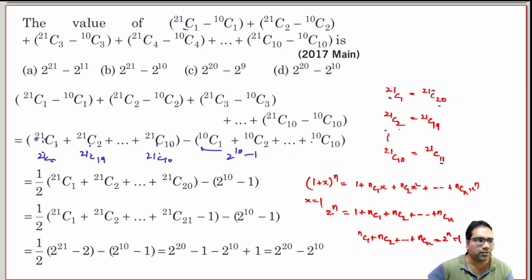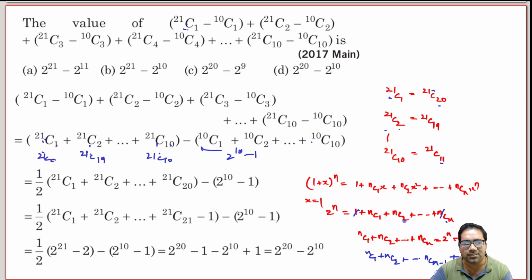So now this becomes half of 21C1 to 21C20. This is in the form 1 plus NC1, NC2 plus up to NCn, but it is one short: NC1 to NC(n minus 1). In this expression we are removing this 1 and this NCn, both are ones.